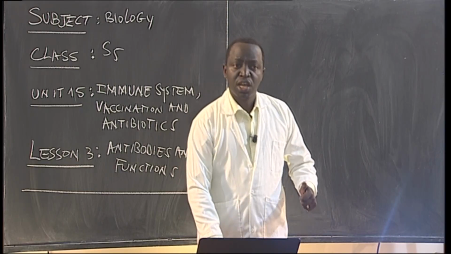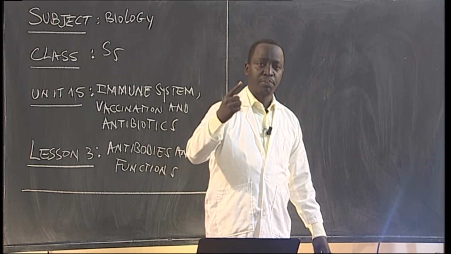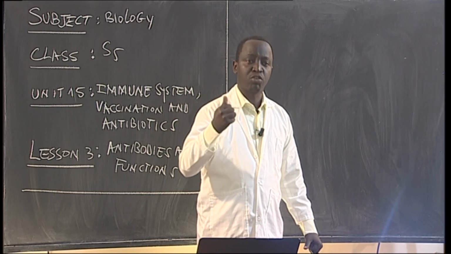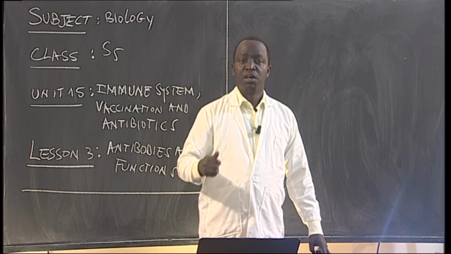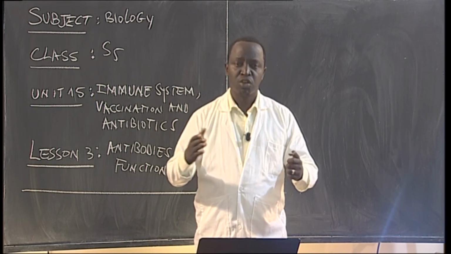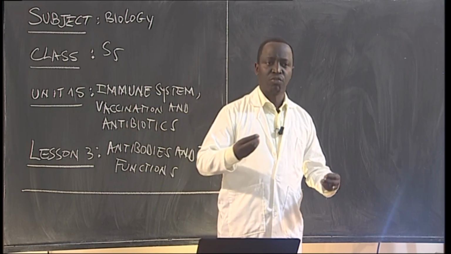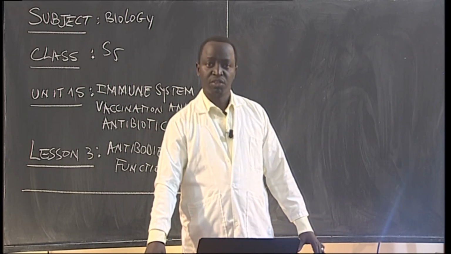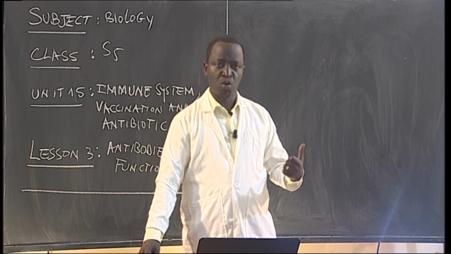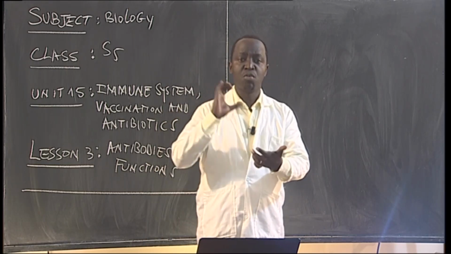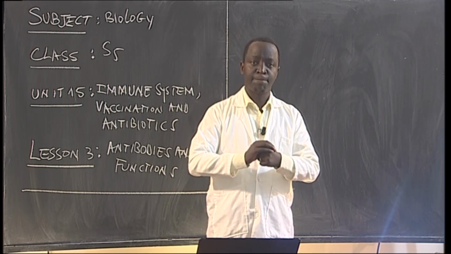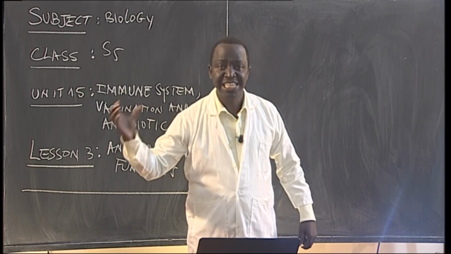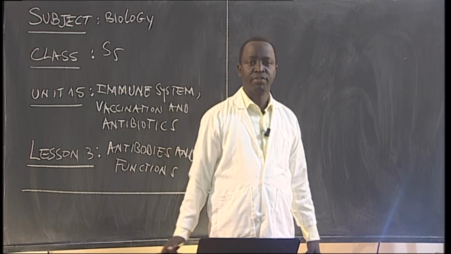Number two, antibodies attach to the pathogens, and then promote the clearance of them from the body. So this is what antibodies can do also. They attach to the microbial surface of bacteria, and then finally they clear them from the body.